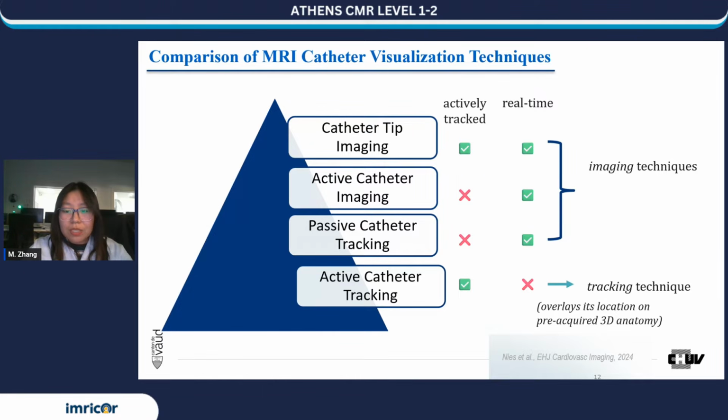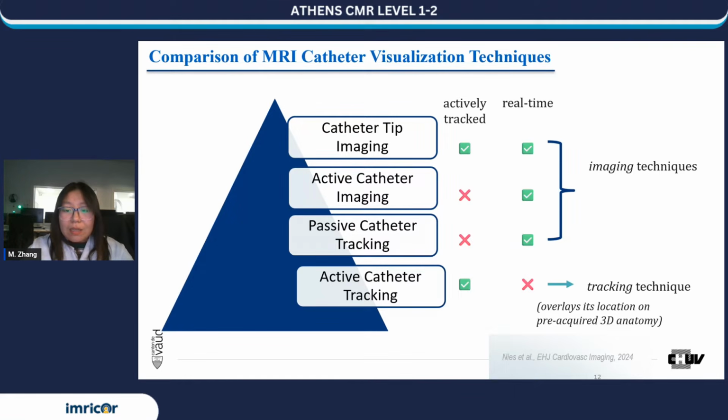Active catheter imaging is also real-time imaging, but still relies on slice location, and it doesn't provide active tracking. Active catheter tracking provides active tracking but doesn't offer real-time imaging. It overlays catheter position onto pre-acquired 3D anatomy.